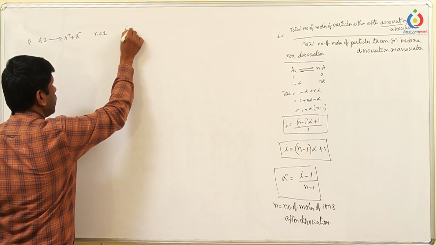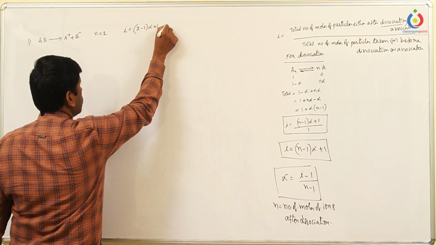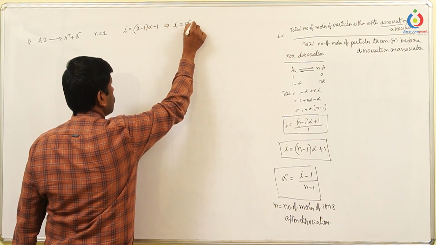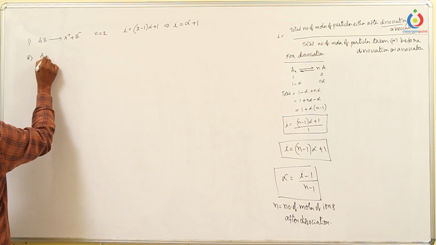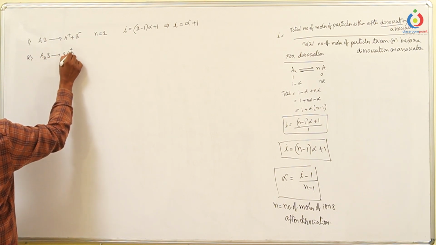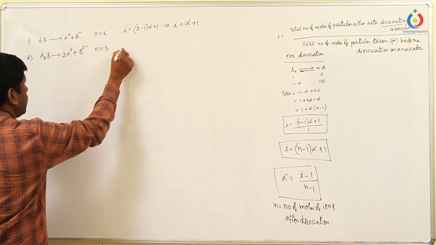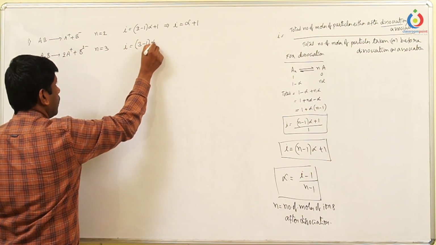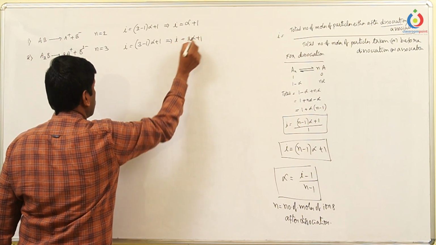So the i value is 2 minus 1 alpha plus 1, that is alpha plus 1. Now let us take the A2B type of compound that participates in the dissociation: 2 A plus ions and 1 B 2 minus ion. The number of ions equals 3. So the i value equals 3 minus 1 alpha plus 1, that is 2 alpha plus 1.